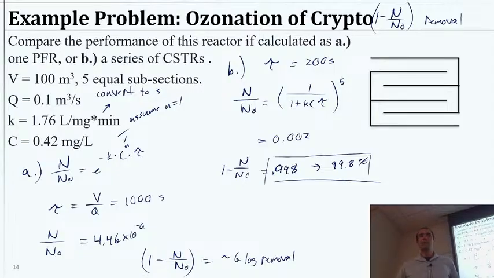So what we can see is we didn't quite make a 3 log reduction on our CSTRs, but it's very close. And the other one, we had something like a 6 log reduction for the full plug flow reactor. So it's not terrible, but it's certainly not nearly as ideal as we might have planned if we had expected this to be a pure plug flow reactor.